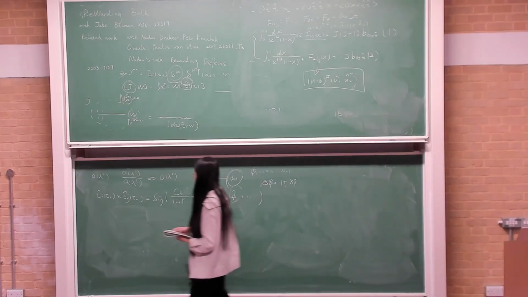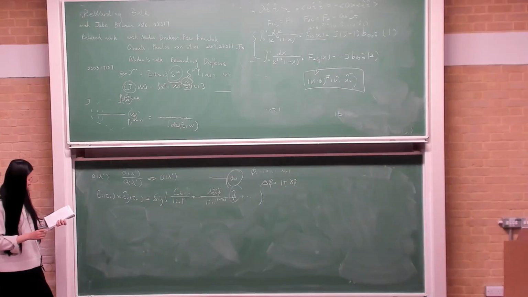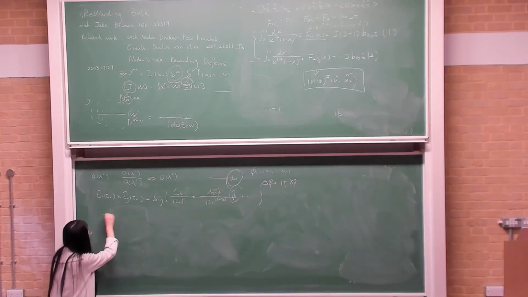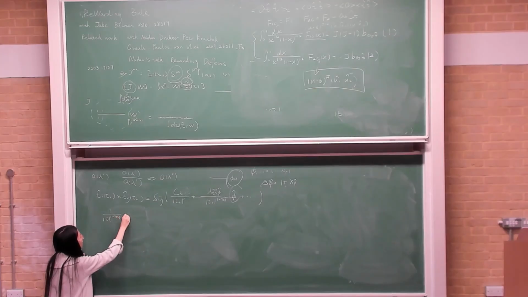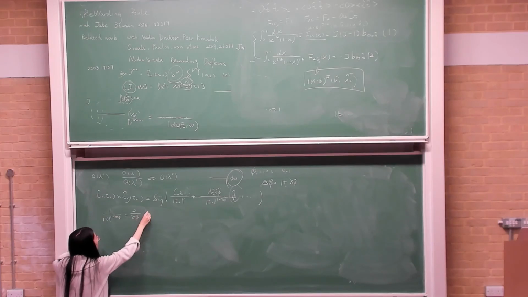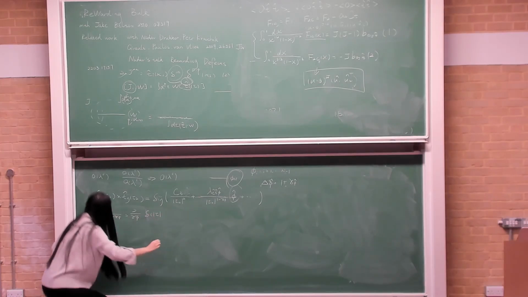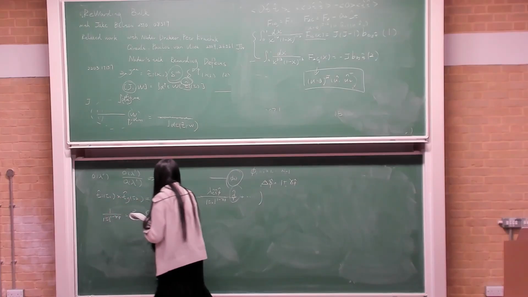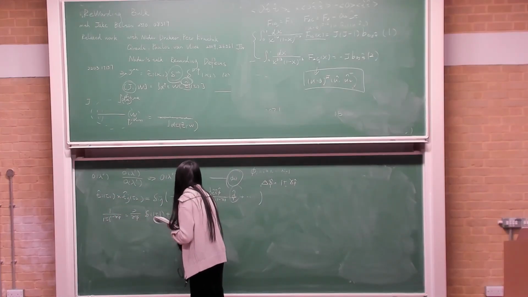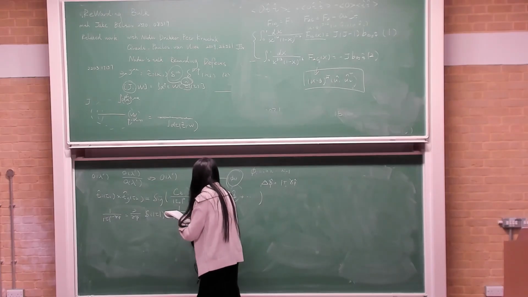And if I want to expand this denominator, I will find that 1 minus gamma phi will give me some 2 minus gamma phi delta tau when tau goes to 0, plus the normal finite expansion.